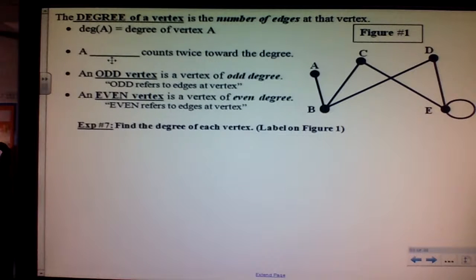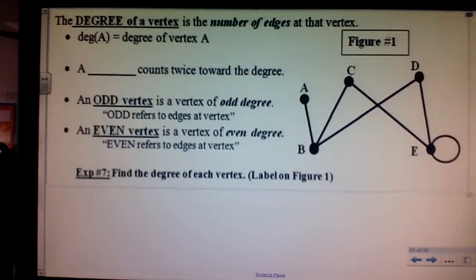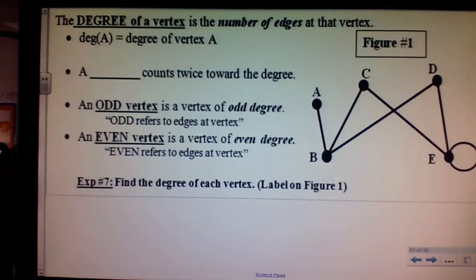All right, every vertex has what we call a degree. Your degree is how many edges are at that vertex. Some things to keep in mind: if you have a loop, it counts as twice towards the degree because you've got an exit and an enter. Take a look at A. How many edges are attached to A?